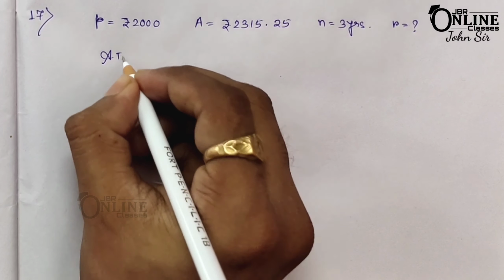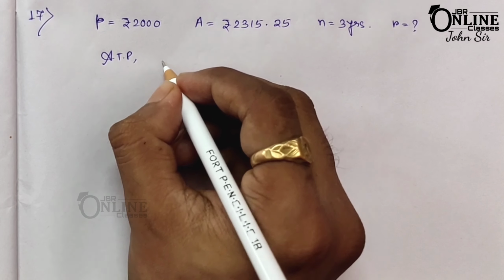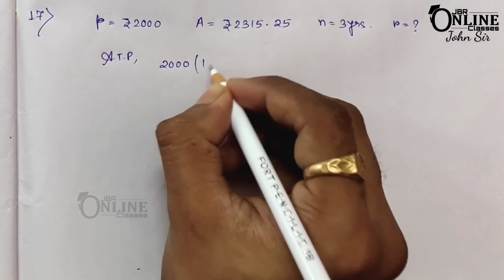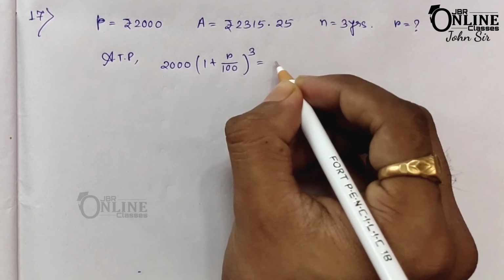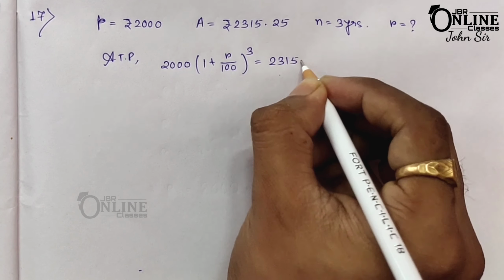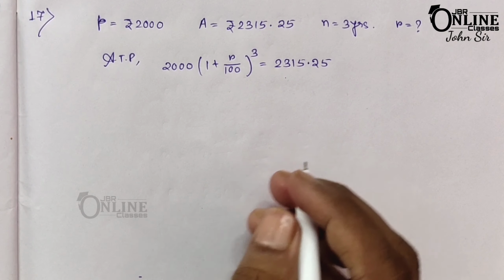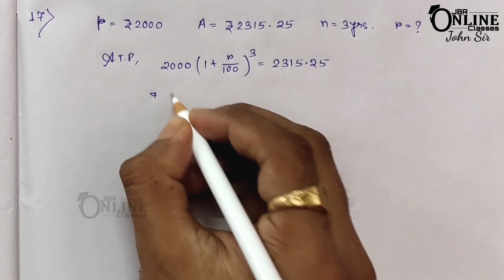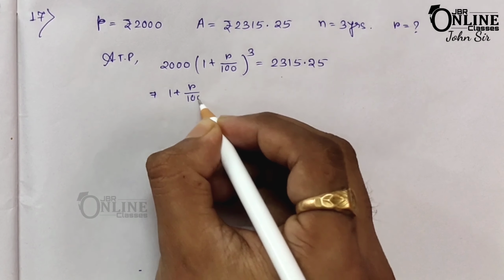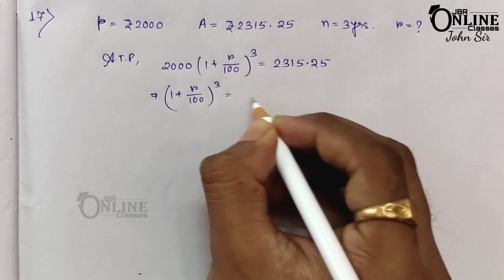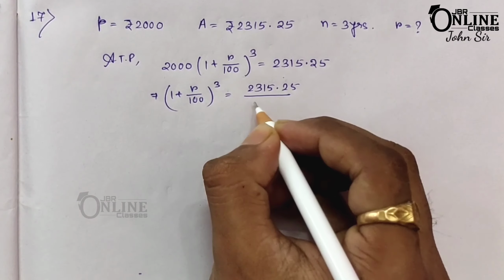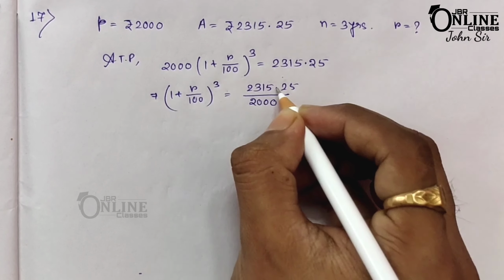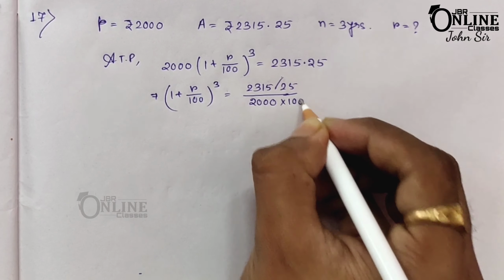So here you can apply the direct formula of the amount, and that is principal into (1 plus r by 100) whole to the power 3, that equals the given amount. So now (1 plus r by 100) whole to the power 3 equals 2315.25 divided by 2000, so it will be 100 here.